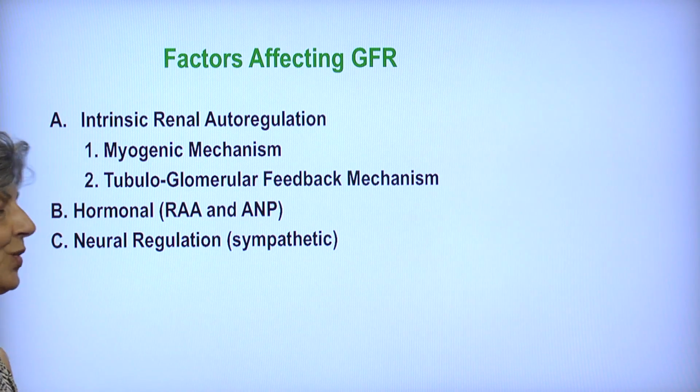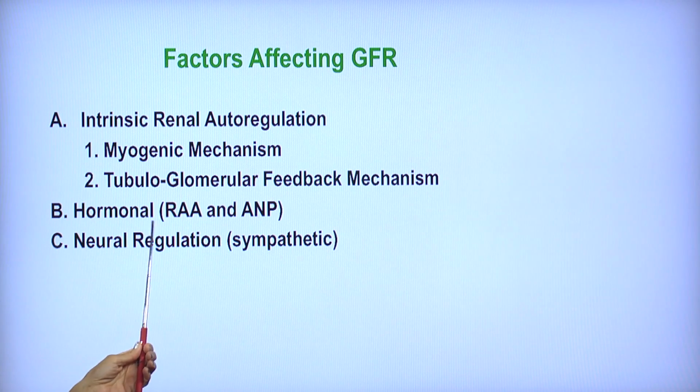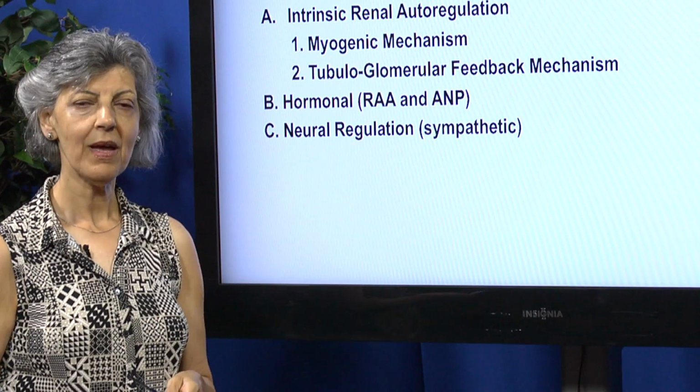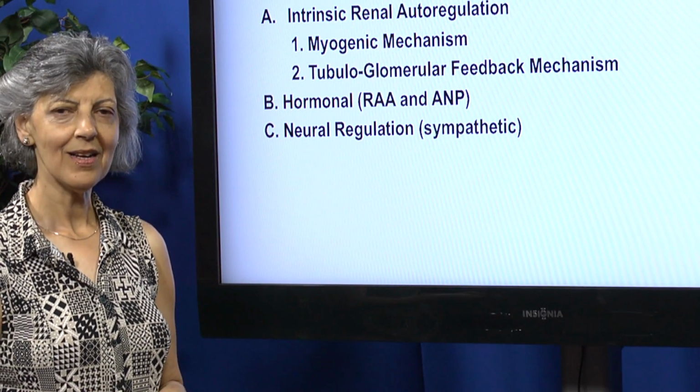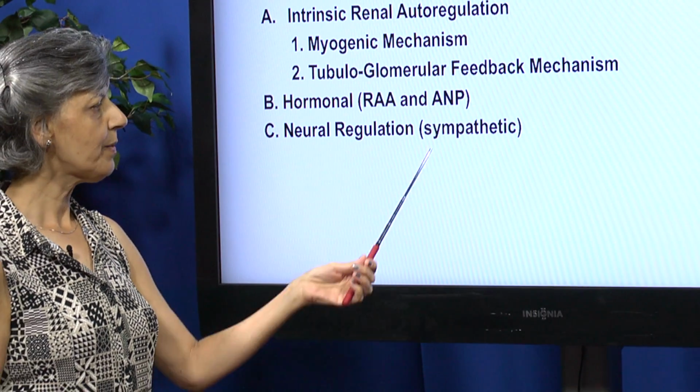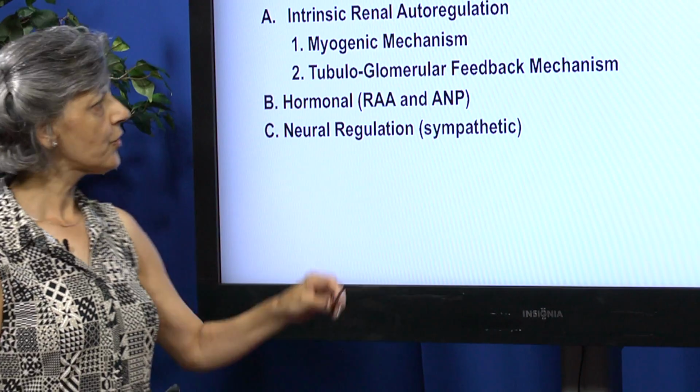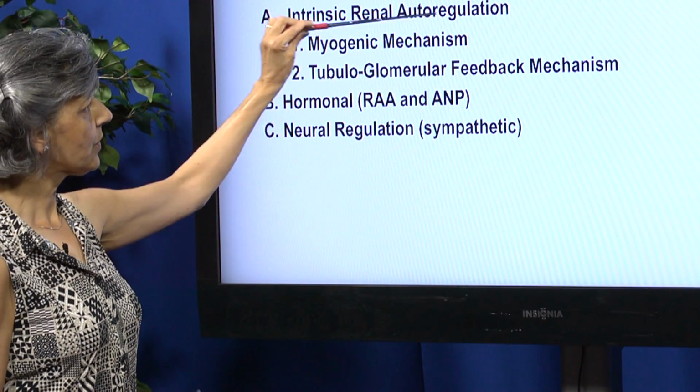Outside the kidney, we're going to look at some hormones that affect glomerular filtration, the RAA and the ANP. At the end, we're going to look at the nervous system having a role in glomerular filtration, specifically the effect of the sympathetic nervous system. So we're going to start with those first two.